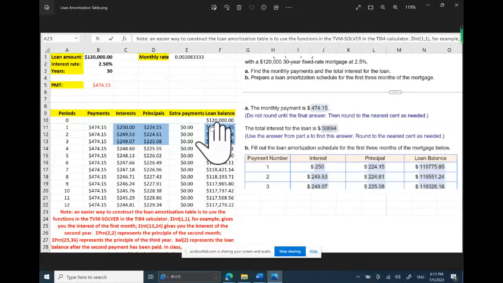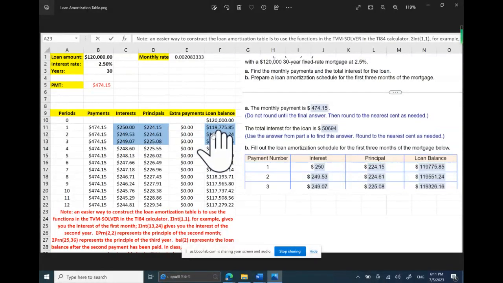Since the original loan amount is $120,000, and the first month you already paid $474.15, you subtract that payment from the loan balance, and that difference would be the new loan balance.